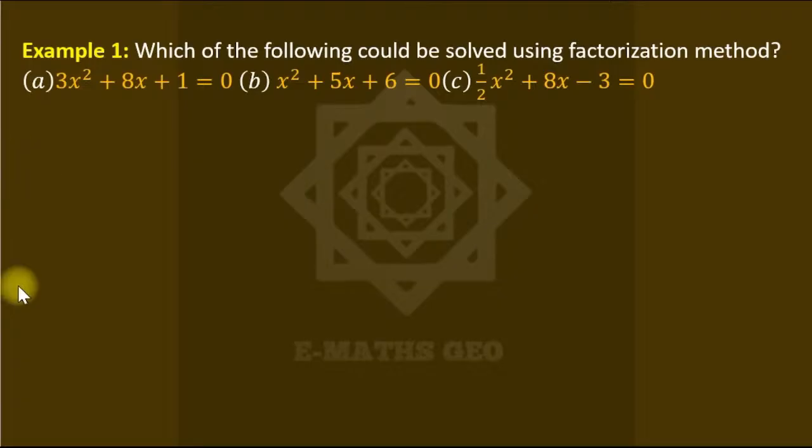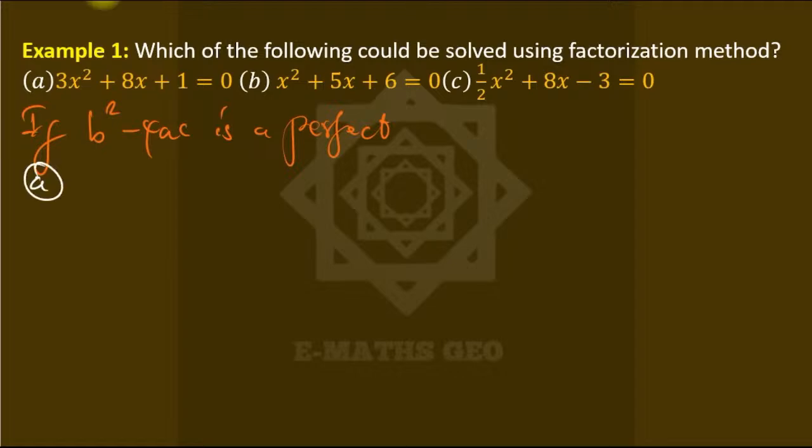So I've given you a short form: a quadratic function is factorizable if b squared minus 4ac is a perfect square. In each equation, locate a, b, and c, plug in the values, and check whether it is a perfect square.